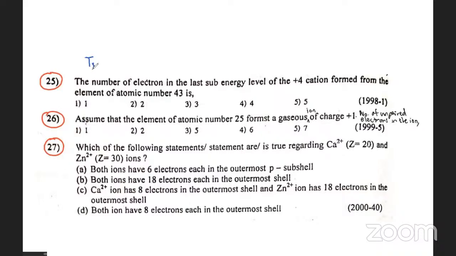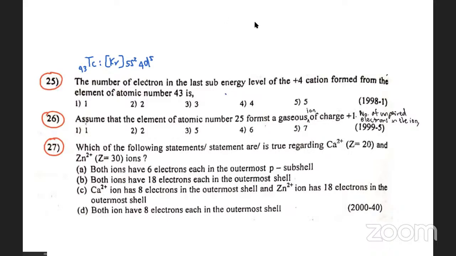Technetium is 43. In the condensed form, krypton 5s2 4d5, correct? Because technetium is exactly below manganese.